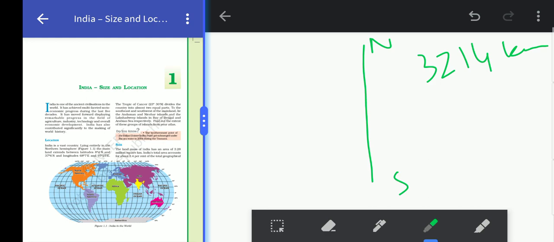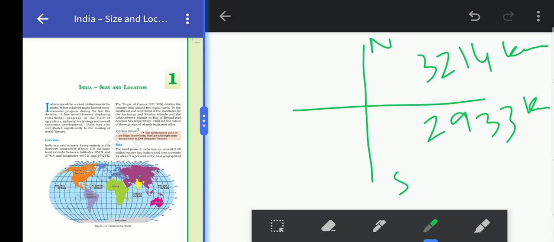Got it? And from west to east is 2933 kilometer. West to east is like from Gujarat to Arunachal Pradesh. And you know what, from west to east the time difference is 2 hours.